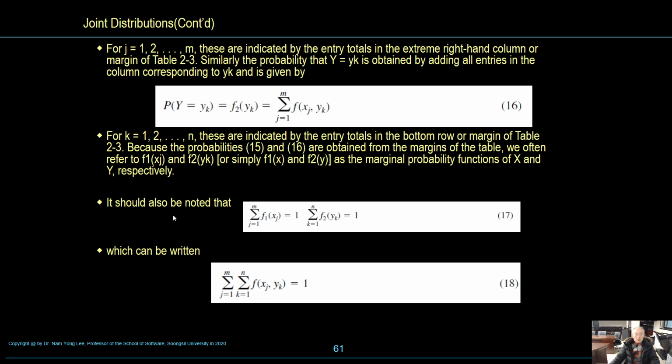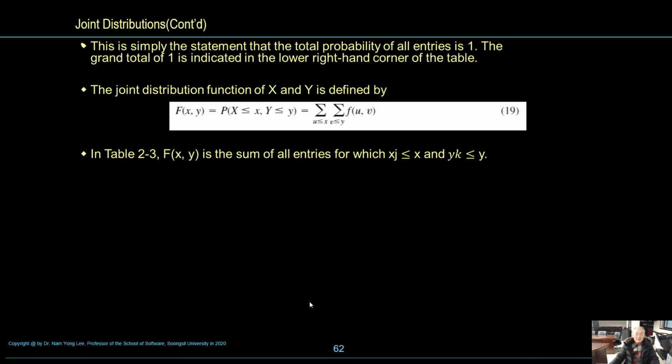It should also be noted that the sum of f1(x) is equal to 1, the sum of f2(y) is equal to 1, which can be written as formula 18: the double summation of f(x, y) is equal to 1. This is simply the statement that the total probability of all entries is 1. The grand total of 1 is indicated in the lower right-hand corner of the table.